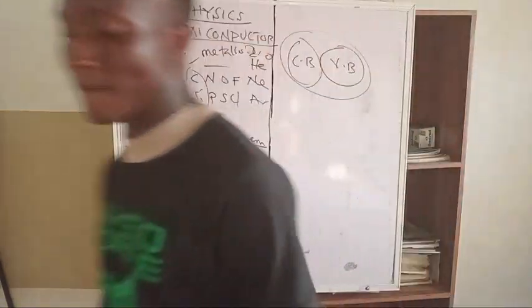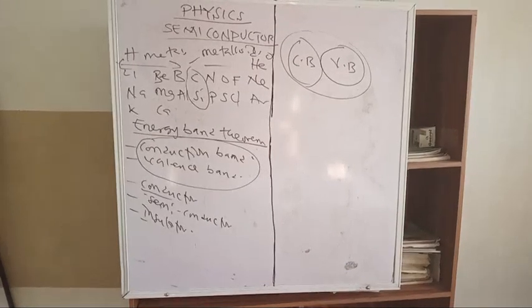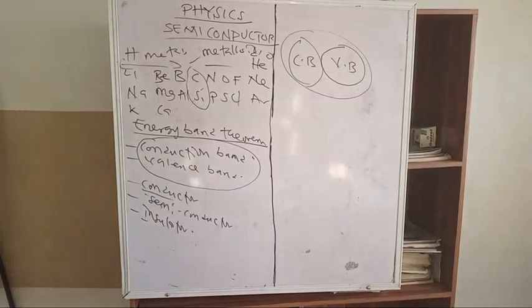The valence band and the conduction band are joined together, or we can say they overlap each other.